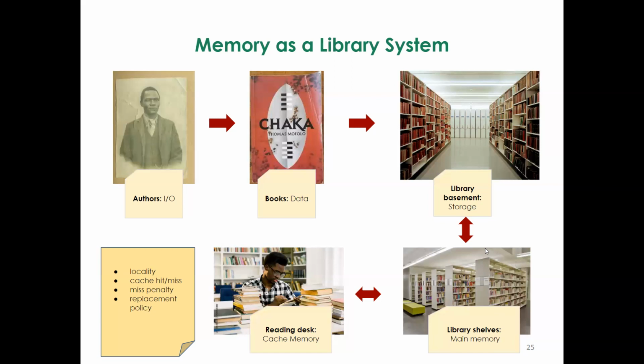And from your main memory, the way the processor will load data to bring it closer for it to start processing it is that it will load it in blocks into its cache memory.